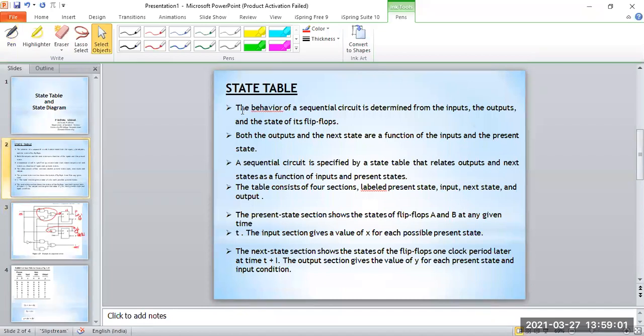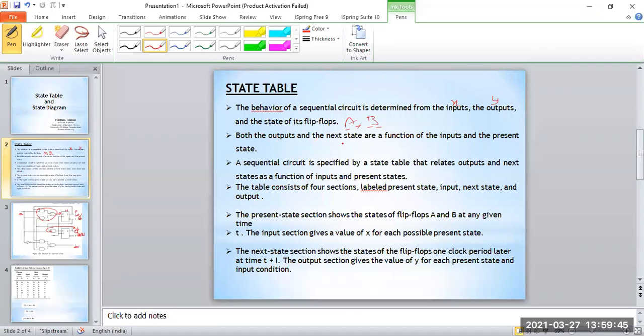Let me read out the points which belong to the state table. The behavior of a sequential circuit is determined from the inputs, the outputs, and the state of its flip-flops. In this section, the input is X, the output is Y, and the flip-flops are A and B. The flip-flop states mean the present state and next state of A and B. When we combine all these together, it shows us the behavior of a sequential circuit.